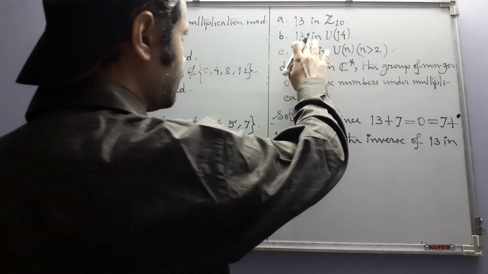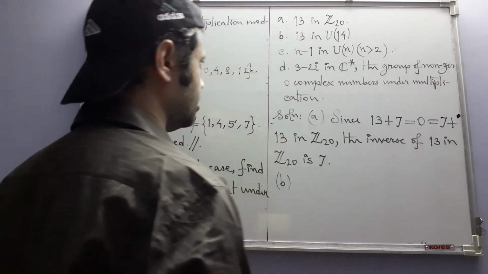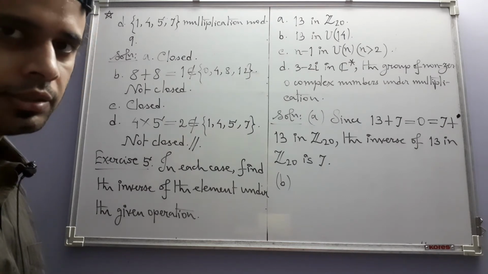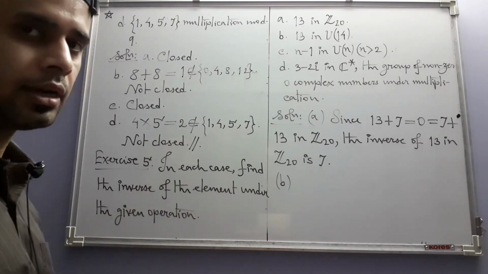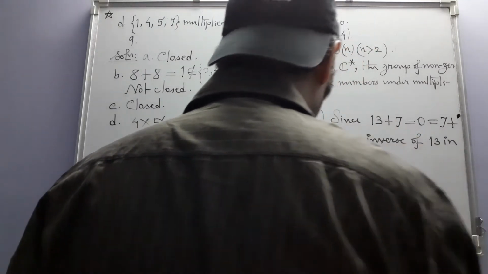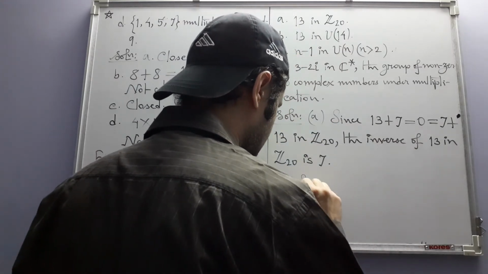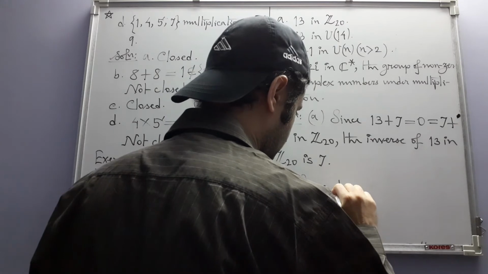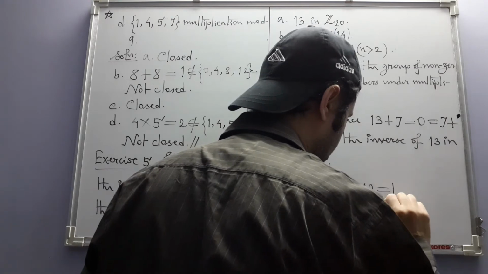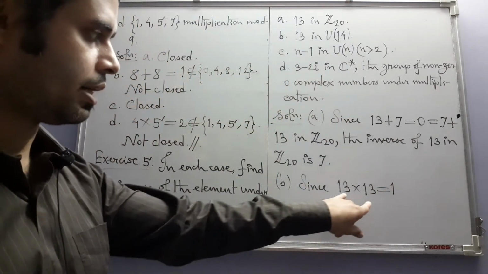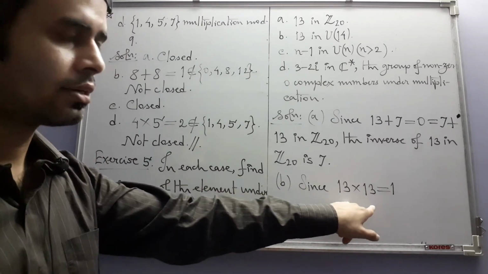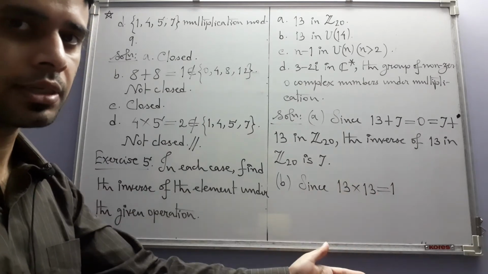Like that, we have to find the inverse of 13 in U14. U14, on the other hand, is the set of those positive integers that are less than 14 and relatively prime to 14. And the inverse here is this. Since 13 times 13 is equal to 1. The meaning of this equation is that if you calculate ordinary 13 square, as a product of these two integers 13 and 13, you get 169.